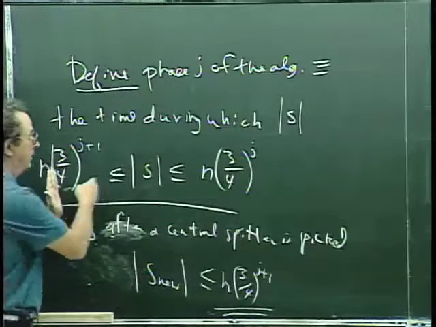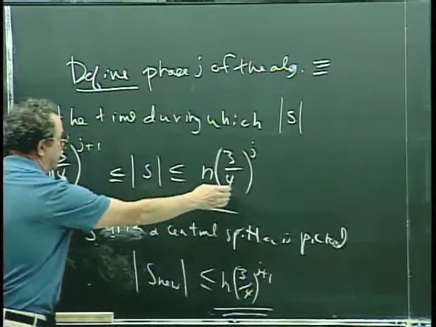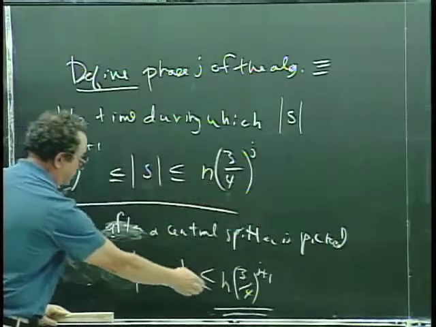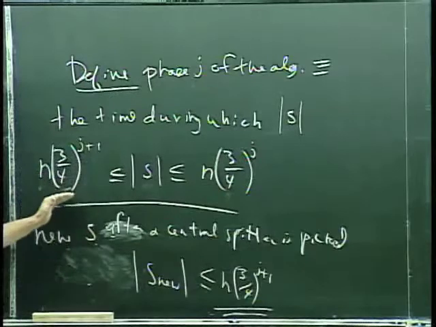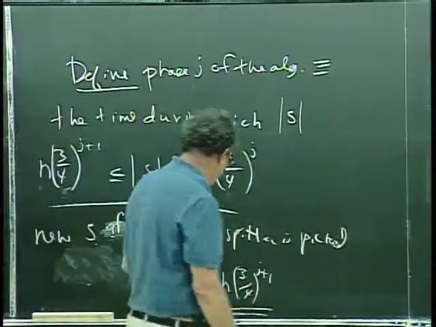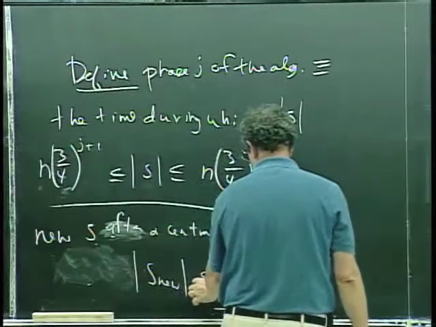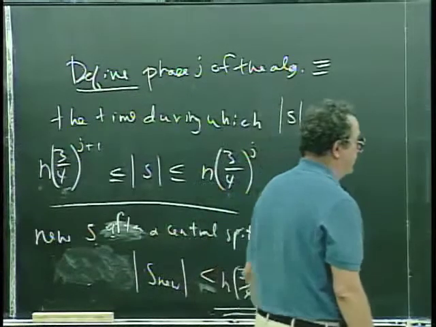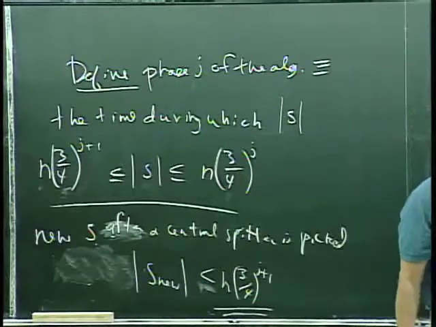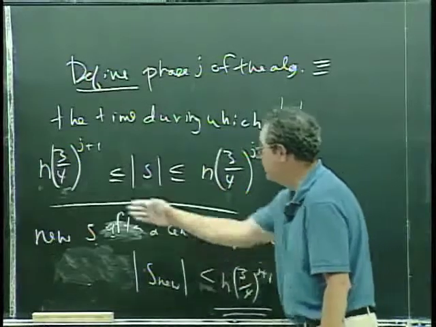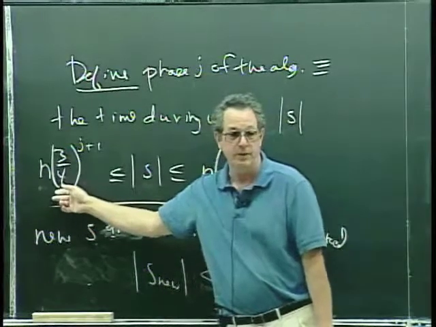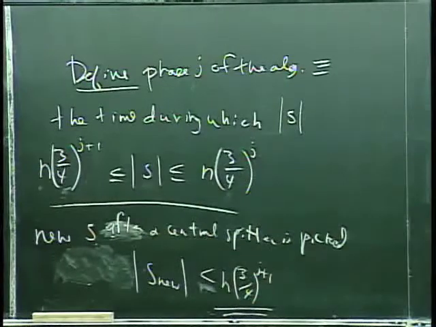Because phase j is when the size of S is in this range, and now we know that the size of S new is less than or equal to this, okay? And probably I should have been a little more careful about making this strict because we also got rid of a_i. And then for sure there's no overlap between the size of S new and what this lower bound was. Okay? So the algorithm is not in phase j anymore.